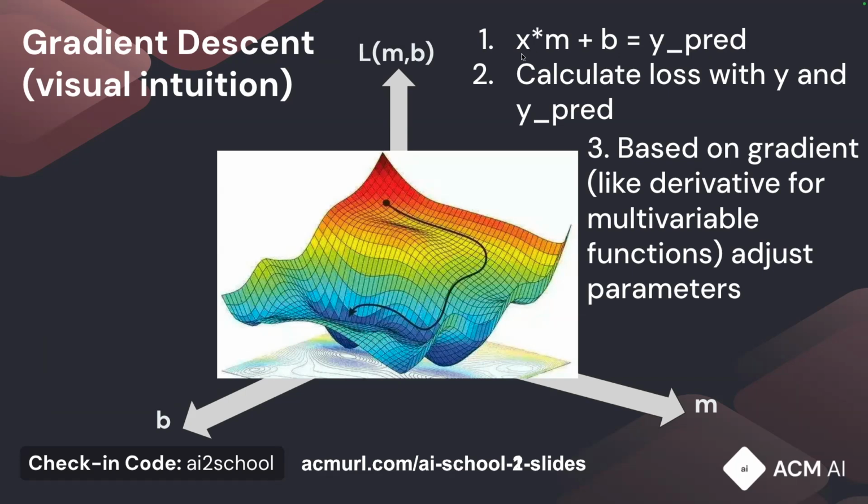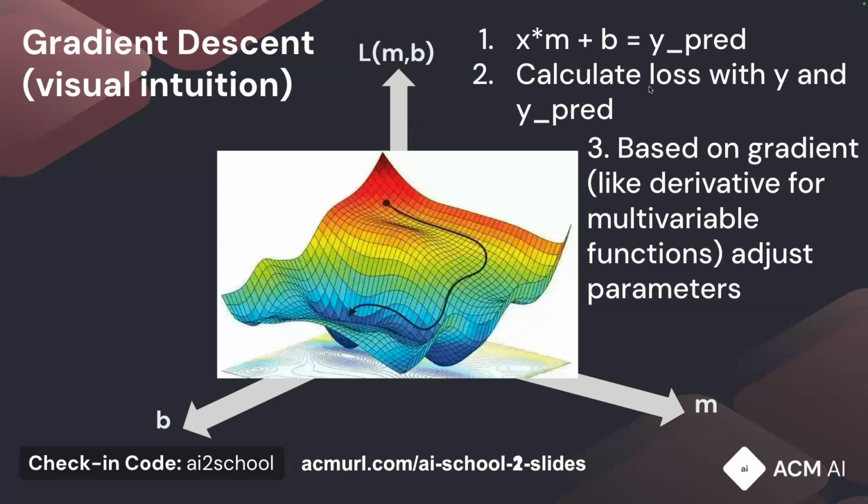So if we have our model in one, we can create a prediction of y, and then we can calculate loss using our true y versus predicted y. And then we can graph the output of the loss function depending on our parameter b and our parameter m. And this is going to look kind of like this.